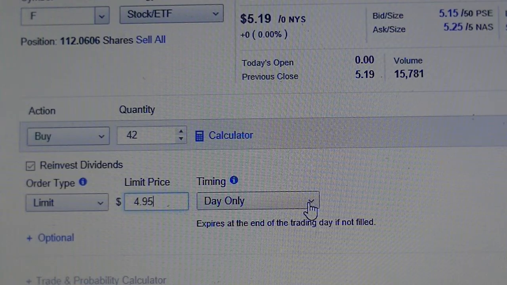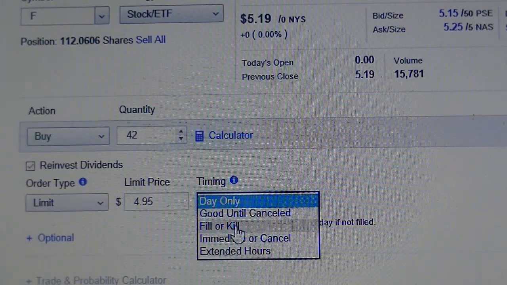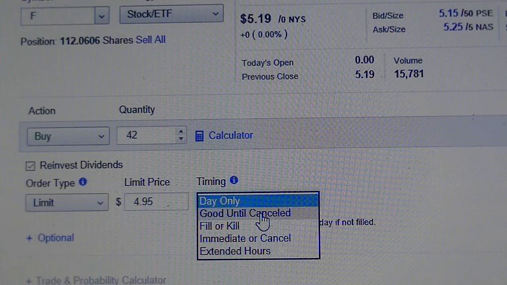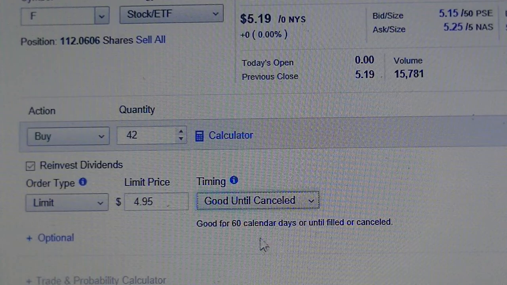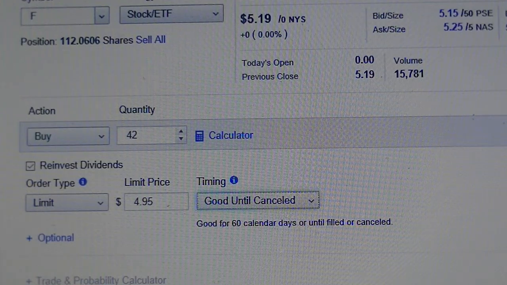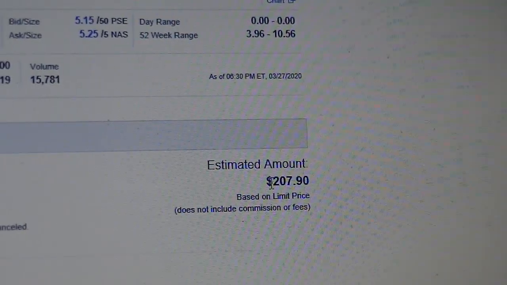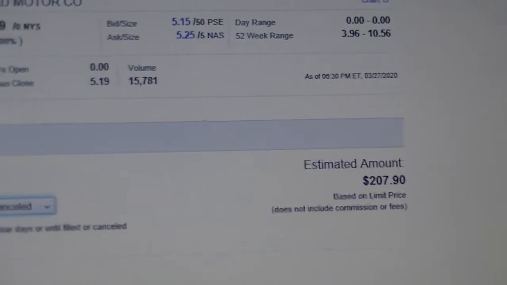Now you can say good until cancel, fill or kill, immediate or cancel, extended hours. I'm going to put good until cancel. Usually it will be 60 days. Yeah, 60 days here. And the total is 207.90.